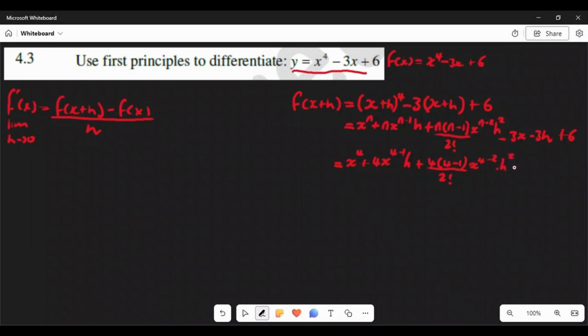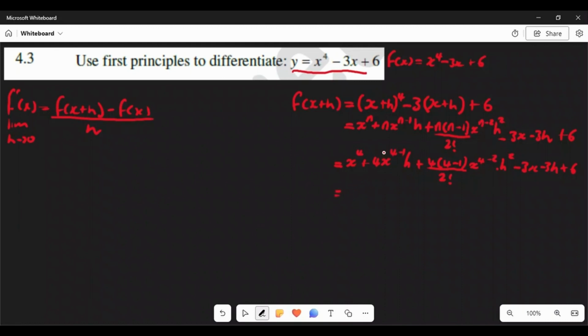Then from there you just continue with this, minus 3x minus 3h plus 6. I hope you can see this, guys. I know this is so small, but I'm trying to save space for when we substitute them.